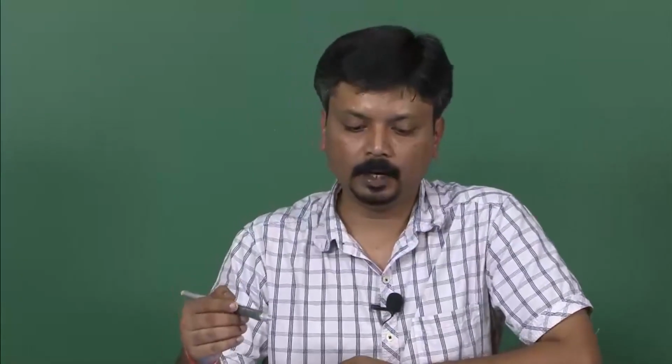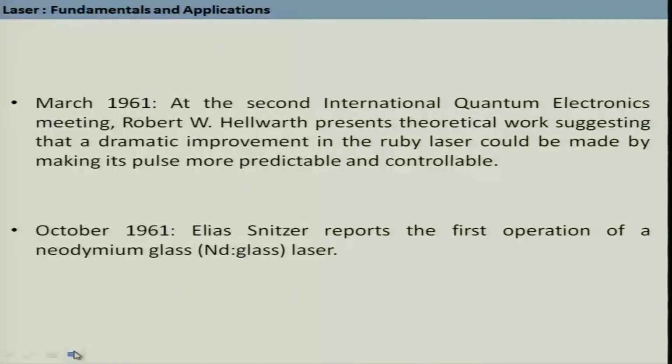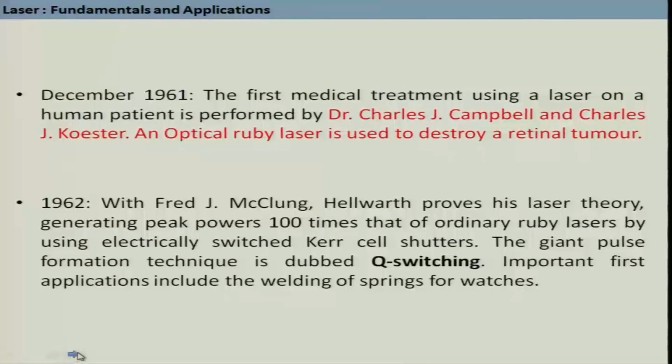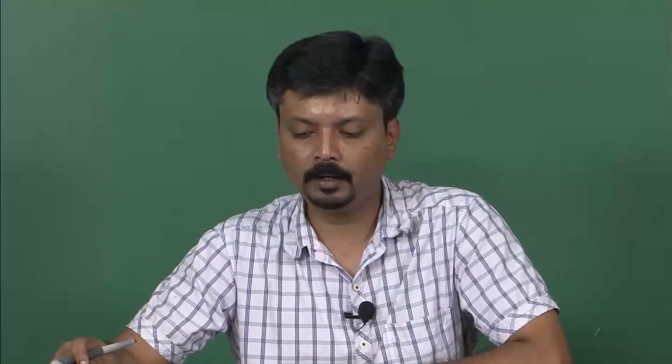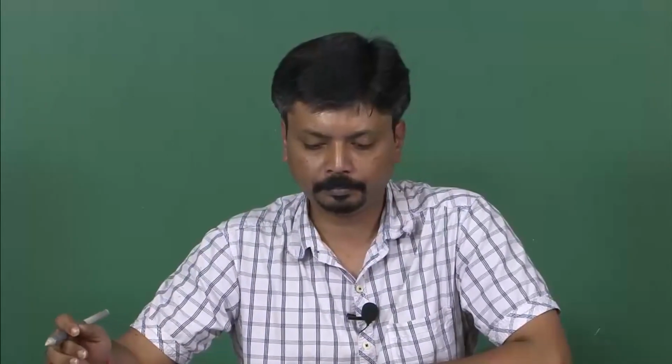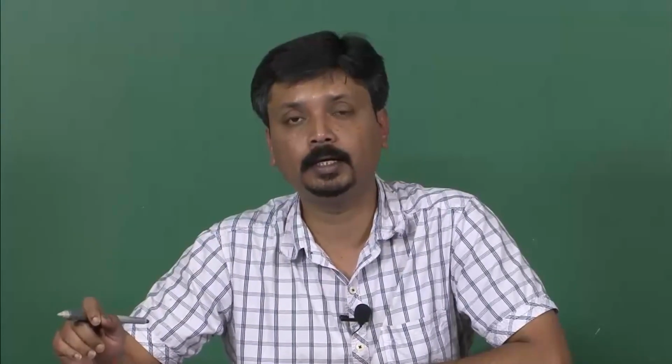There are several other works done by different people, some of which I have mentioned in the slides. Right after one year of its invention, the ruby laser was applied in the treatment of retinal tumors, to destroy a retinal tumor.